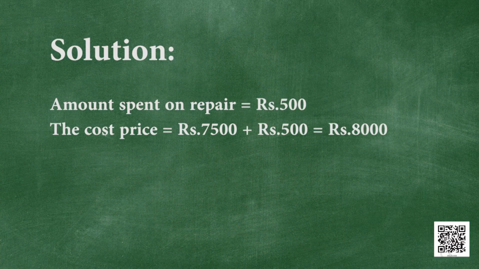Since the amount spent on repair is equal to rupees 500, the cost price is equal to rupees 7500 plus rupees 500, which is equal to rupees 8000. Students, we observe that the cost price is rupees 8,000 and the selling price is rupees 7,800. So clearly Yashika had a loss with this.